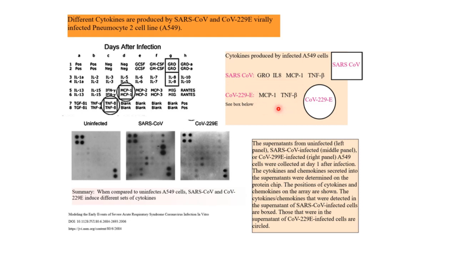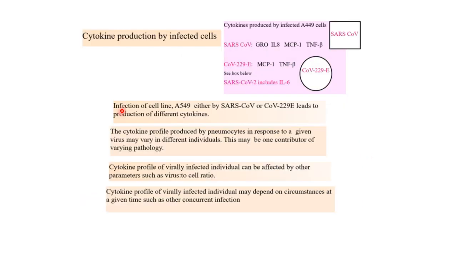So different viruses have different signatures of cytokine production by the cell they infect. And this is the immunoblot of the cytokines produced by two different viruses in the same cell line. Infection of cell line A549 either by SARS-CoV or CoV-2 leads to production of different cytokines.